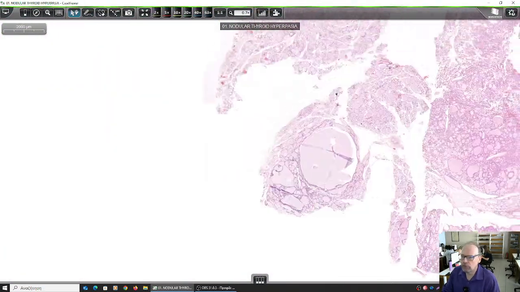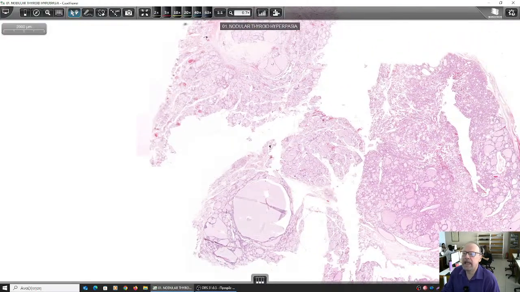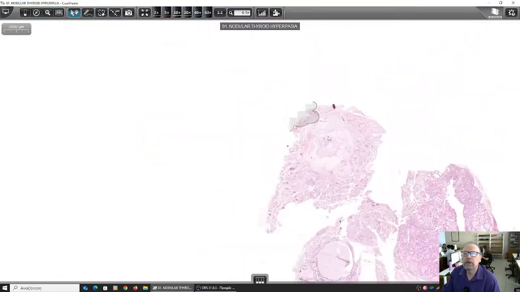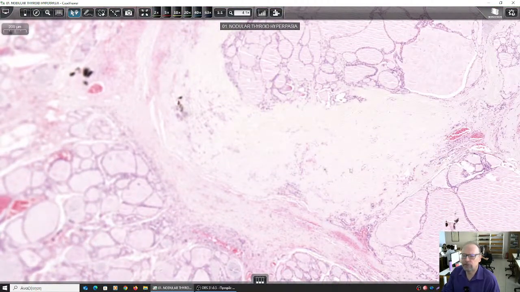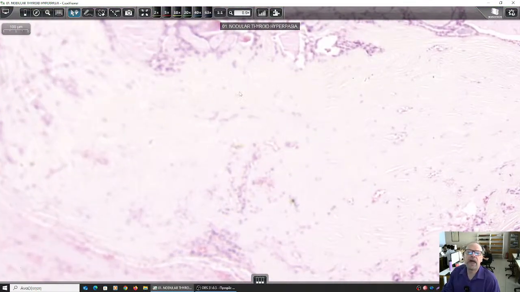So these are the nodules of nodular hyperplasia of the thyroid, and if it lasts long, we have fibrous tissue development. This is an area of fibrosis, you can see.